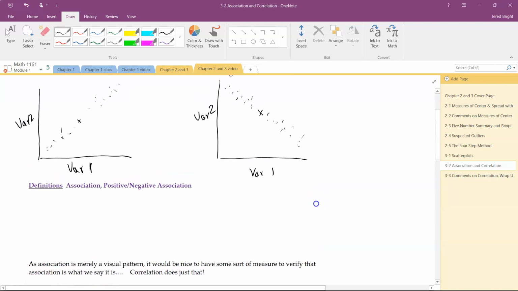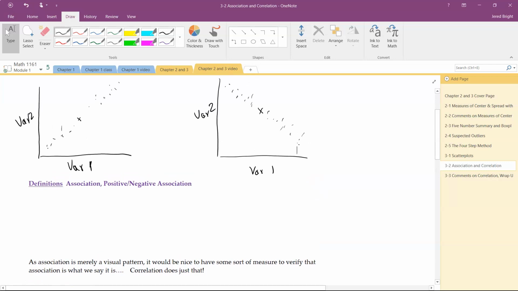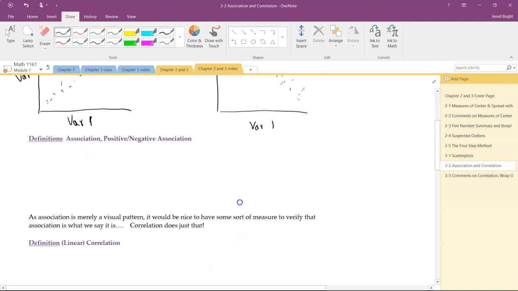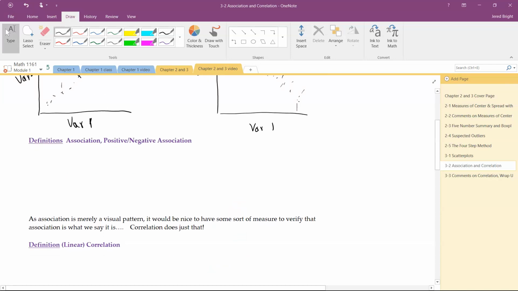Now, just as association was a visual pattern, we, of course, as mathematicians and statisticians, need a way to measure that formally using mathematics. And that is where correlation comes into play. Correlation is simply the measure associated to association.